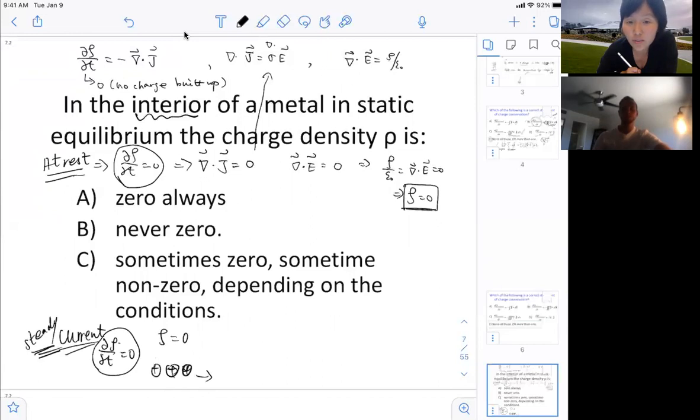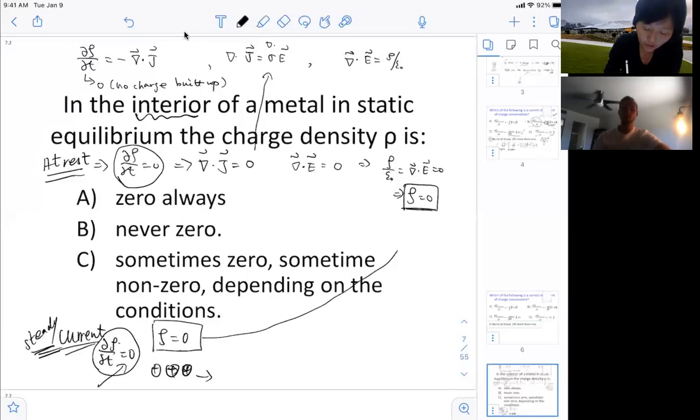So we're talking about static situations, electrostatics. We're talking about independence of time, not necessarily things at rest. As long as it doesn't change over time, d rho dt is 0, and you can derive that rho is 0 inside a wire with steady current. So it's 0 always.